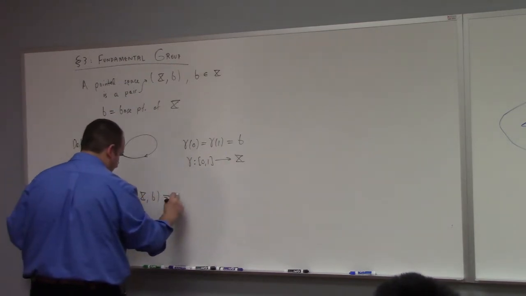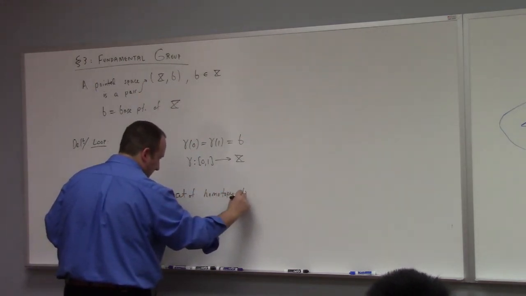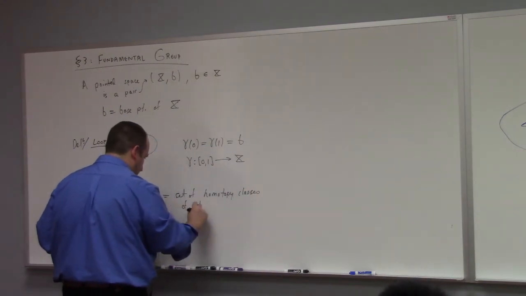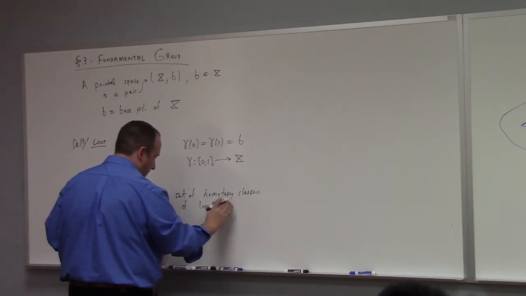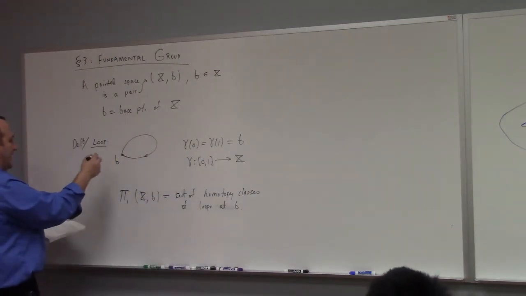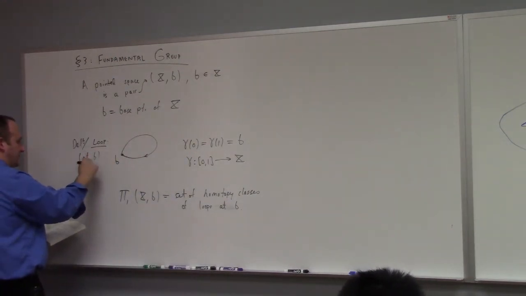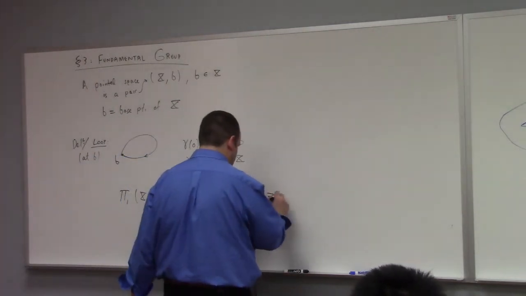The set of homotopy classes of loops at B. Let's say that this is a loop at B, just to have a language for it. What does it mean when you say it's well defined? Well, it's a set of homotopy classes, right? So this is technically speaking gamma.